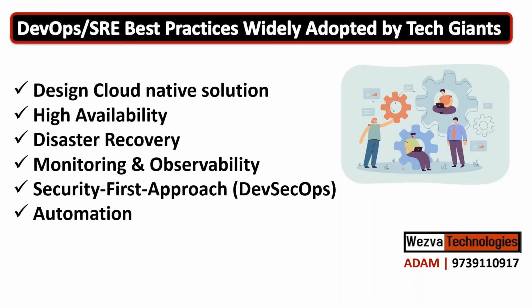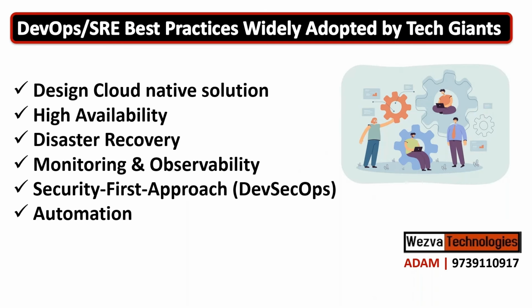You need to make sure that even when an entire region in AWS, like the Mumbai region or US East region, is not working, you can bring your application up in another region, which is what we call disaster recovery. So no matter what solution you are trying to give, you should also think about having a disaster recovery.